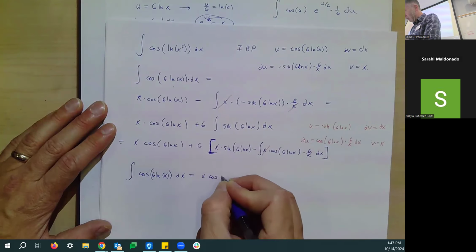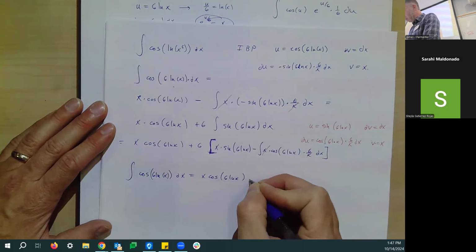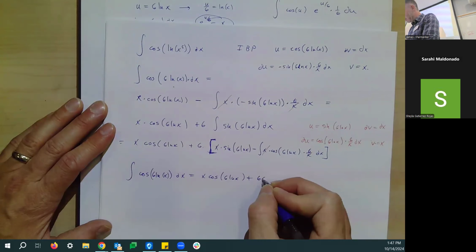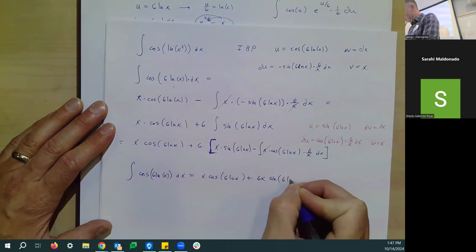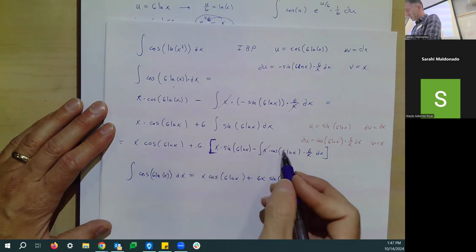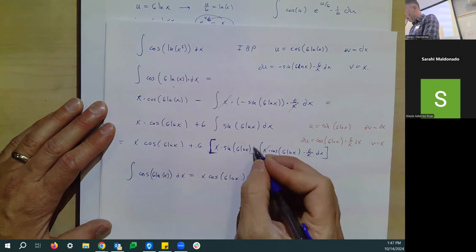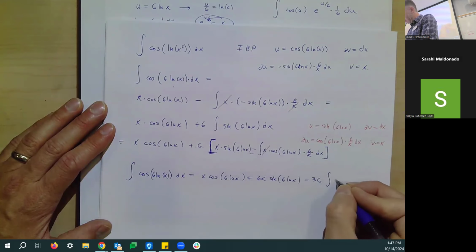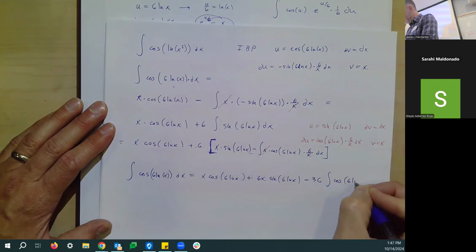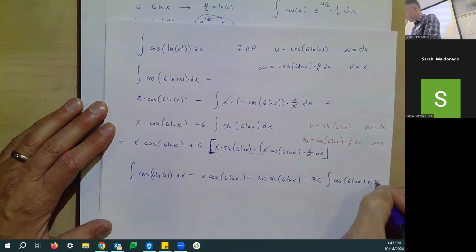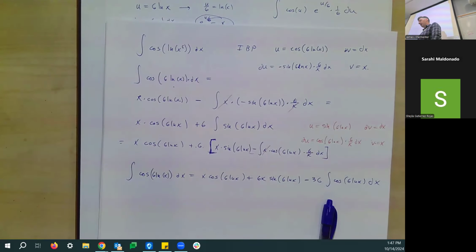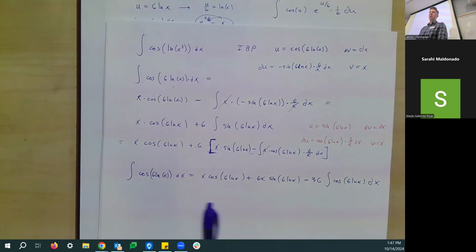x cosine of 6 natural log of x plus 6x times sine of 6 natural log of x. And then the 6 times the 6 is going to be a minus 36, so there's a minus sign there, times the integral of cosine of 6 natural log of x. And then you would add 36 times the integral of cosine of 6 natural log of x to both sides.